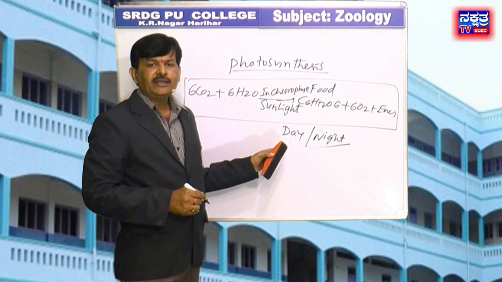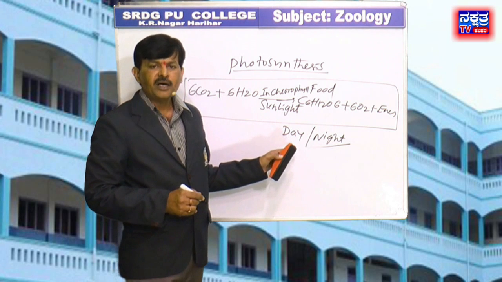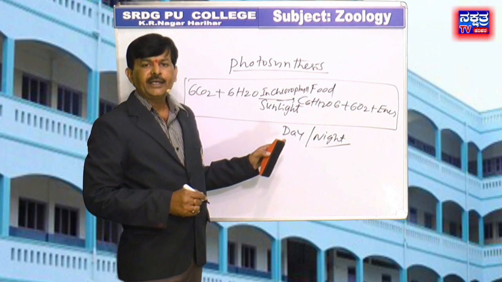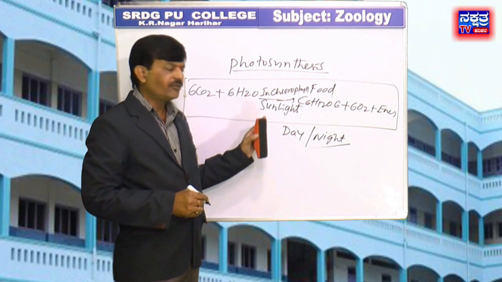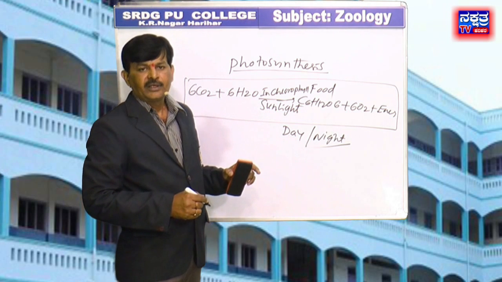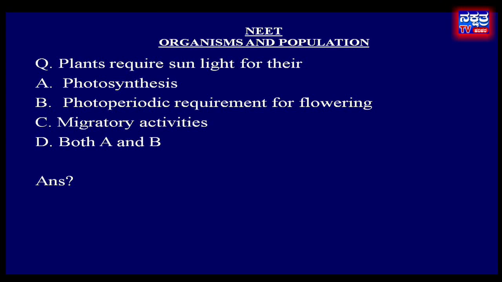It occurs in plants and animals. Photoperiodism can also be defined as developmental responses of plants to the relative lengths of light and dark periods for their flowering. Therefore, in the given options, D, both A and B, is the right answer.